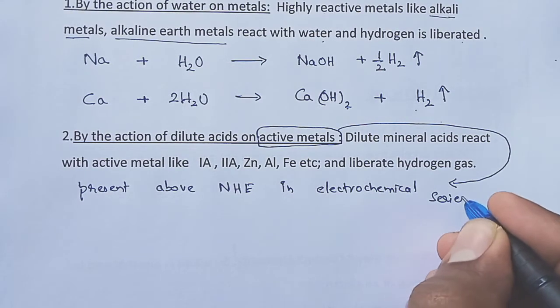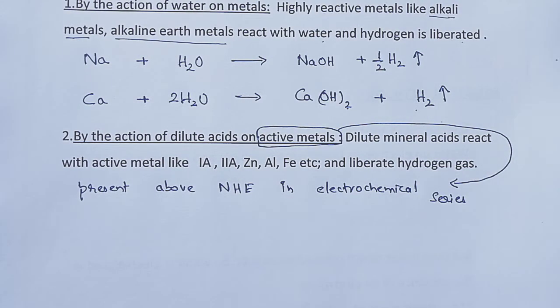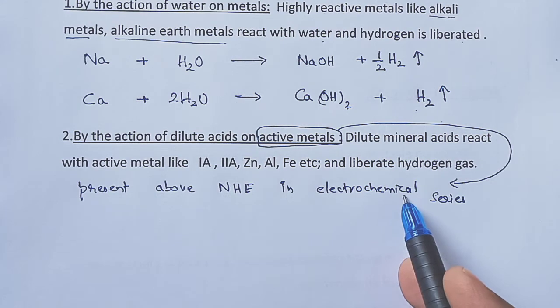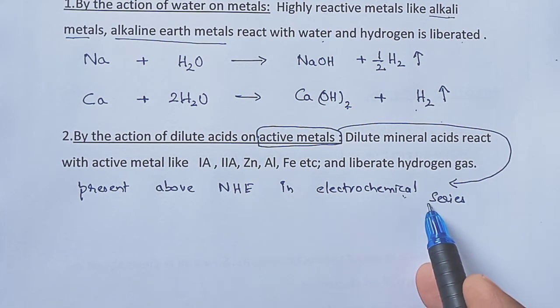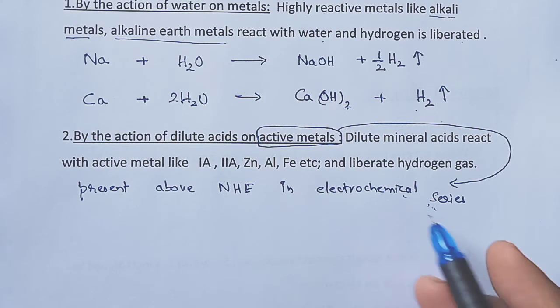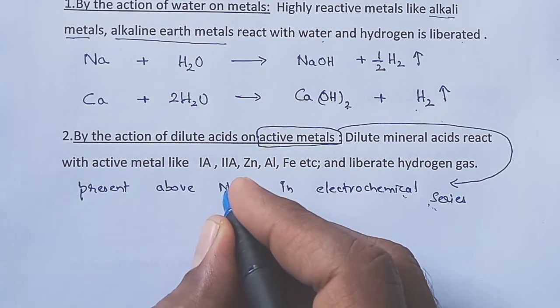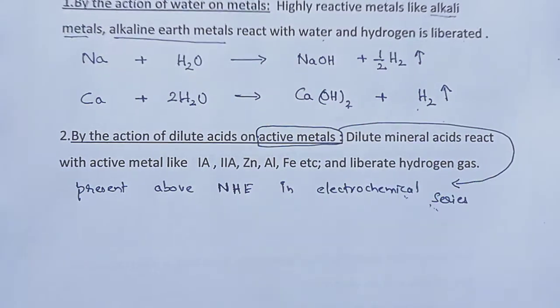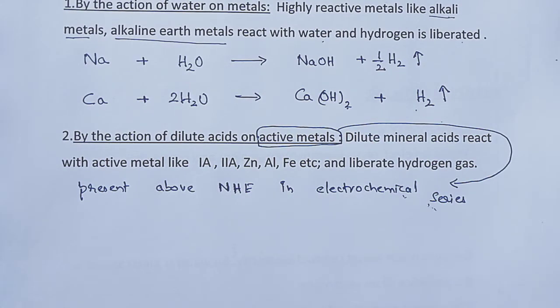In electrochemical series, we come across this in the electrochemistry chapter, and in that list all the metals which are present above normal hydrogen electrode are called active metals. They are highly electropositive metals.